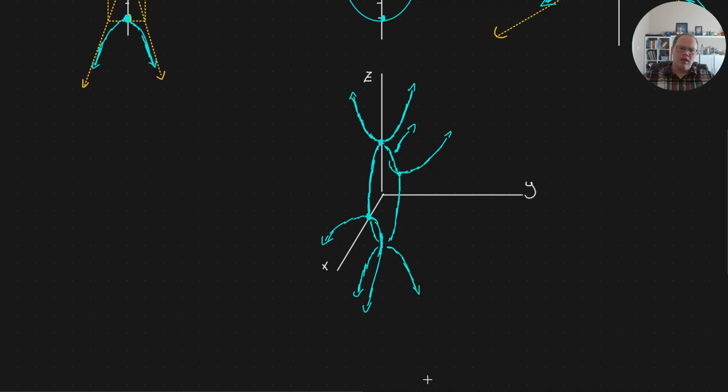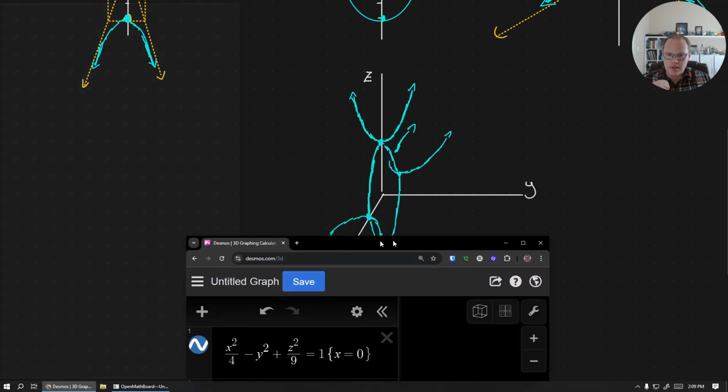Okay, so maybe you're having a hard time visualizing what's going on here. Let's add these traces to our 3D graph. That'll help you see what's going on here. Let me pull this over here.